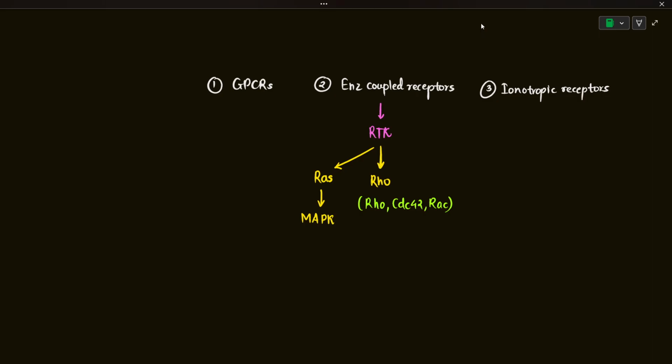Okay, right? And the third type of receptors, which are not being coupled with any type of switch, and are just there so that the membrane potential could be changed directly, are the ionotropic receptors. They are not doing downstream signaling with the help of any molecular switch. They are using the change in membrane potential as a switch, right?